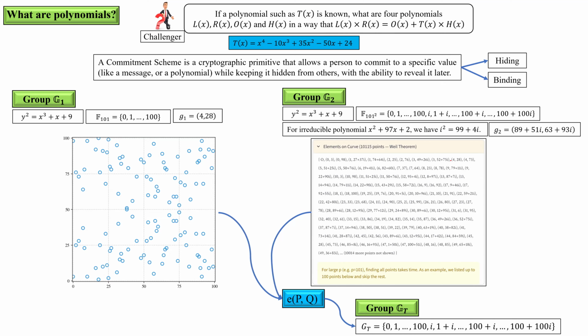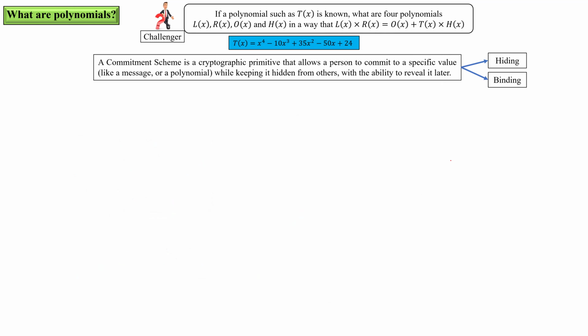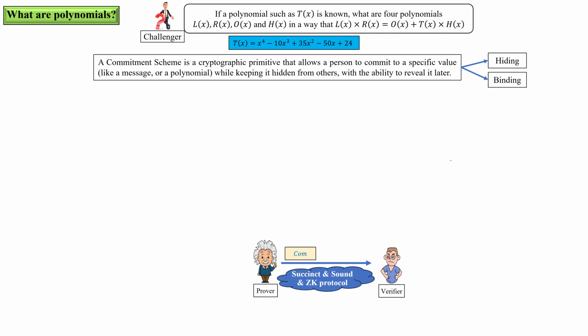Okay, so let's see how, using the previous knowledge, we can design a commitment scheme. Here, when we use a commitment scheme, the prover does not send the evaluation of the polynomials or the polynomials to the verifier.